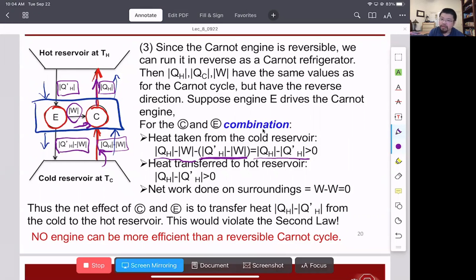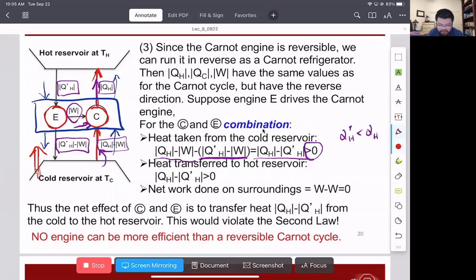And if we agree with the assumption that the new heat engine is better than Carnot, then this input is less than the Carnot engine heat flow. So this is why that is a positive one. So the net, meaning there is a net output from the cold reservoir, okay?